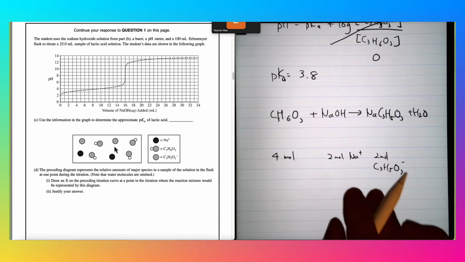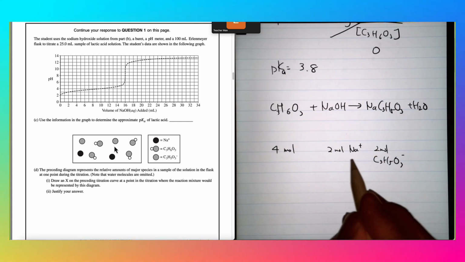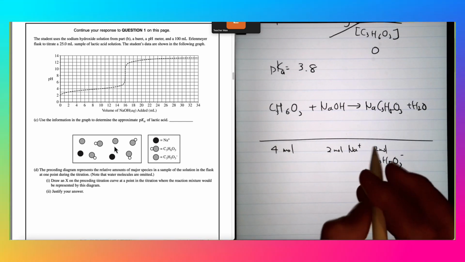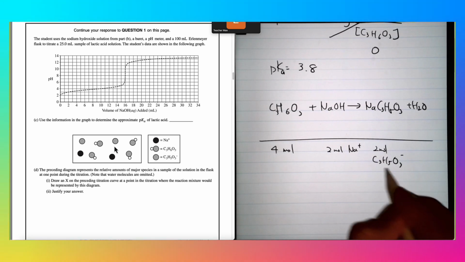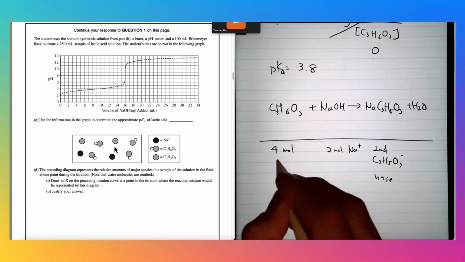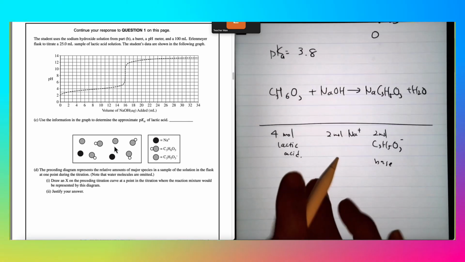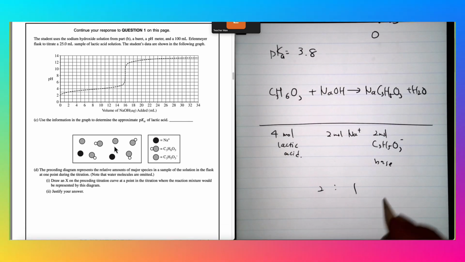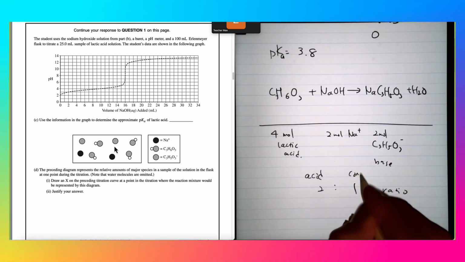From this, we can deduce that we still have 2 moles of the conjugate base, but we have more of the lactic acid. So in other words, we have a 2-to-1 ratio of acid to conjugate base.